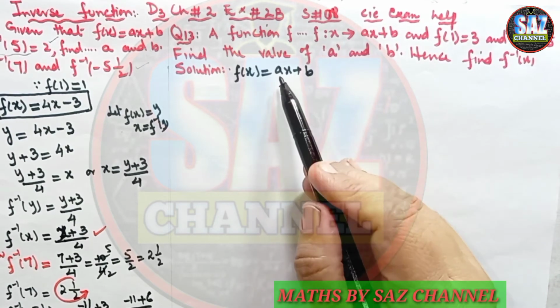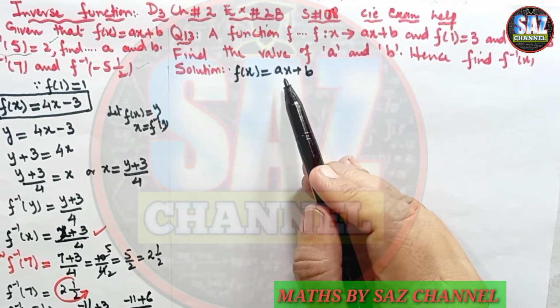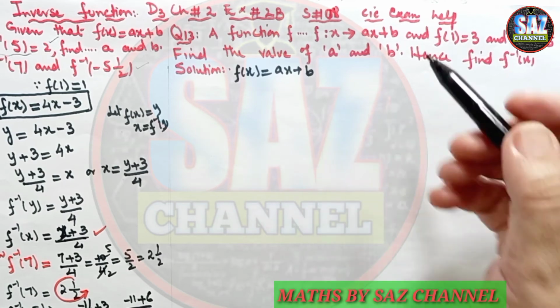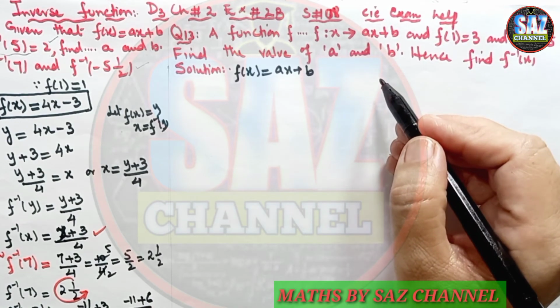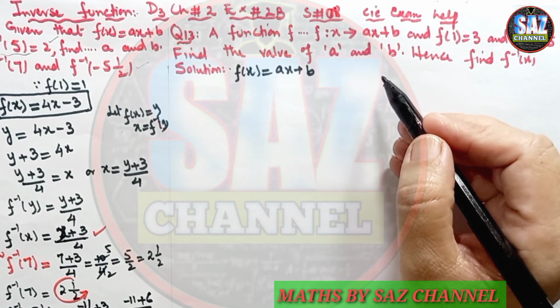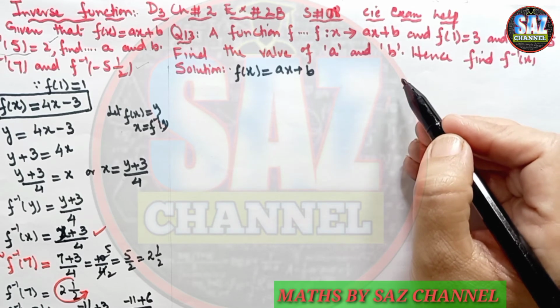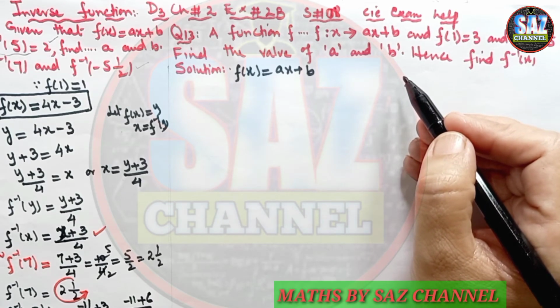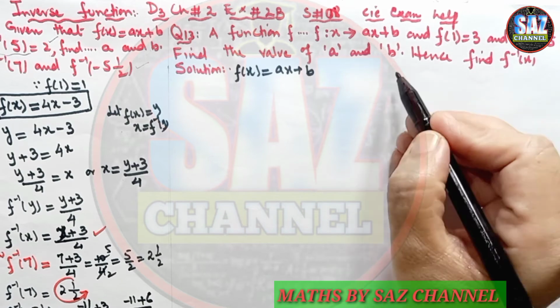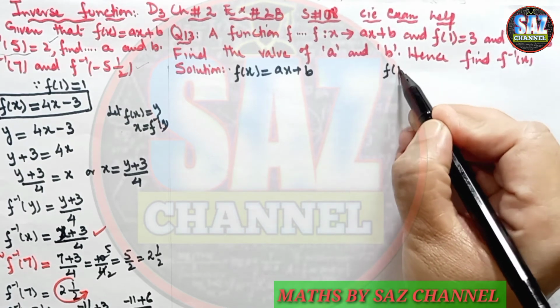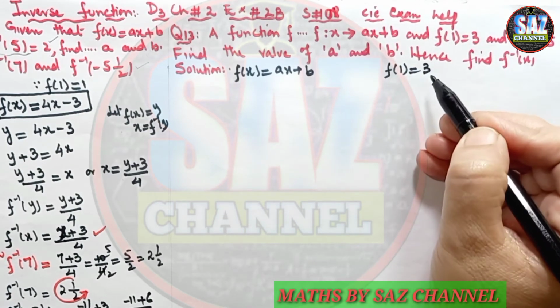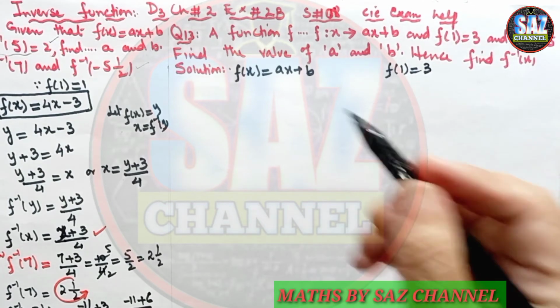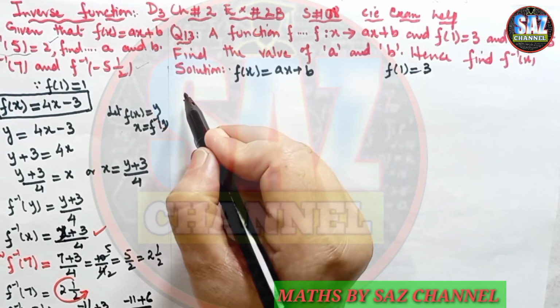As in the question, we have two unknowns, so there must be two conditions given. The first condition is f of 1 equals 3. Instead of the variable, I have to replace 1.